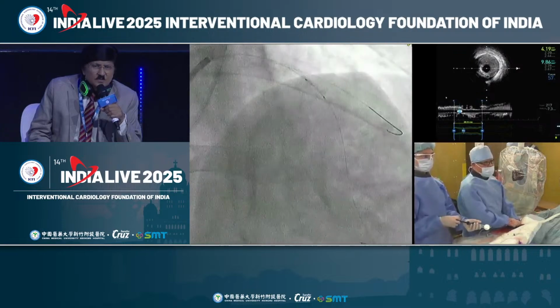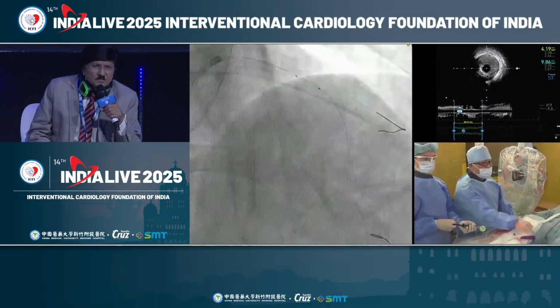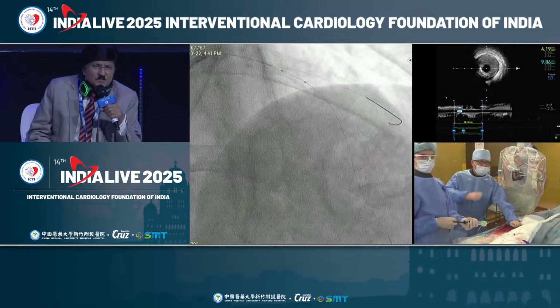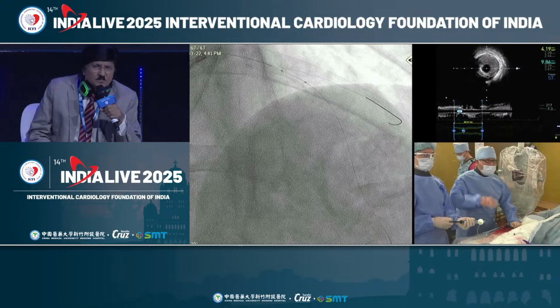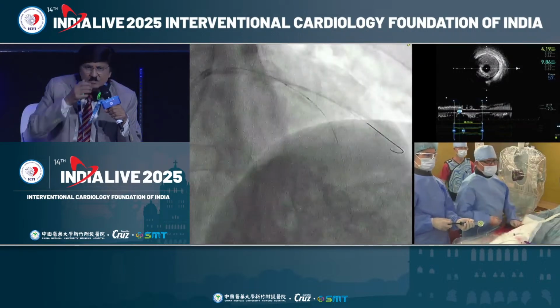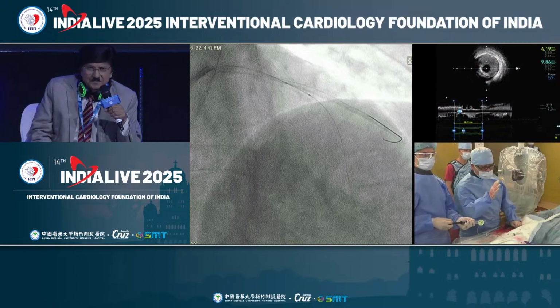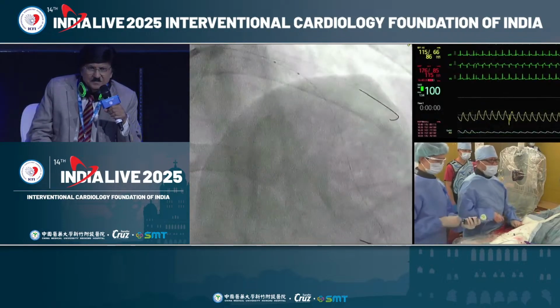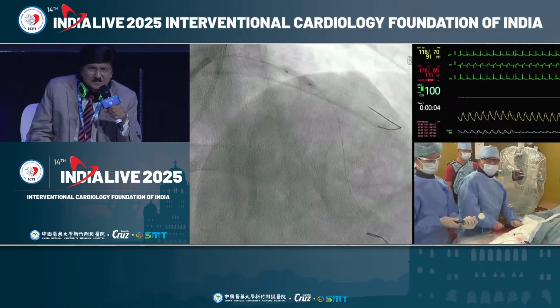Of course, sometimes it is good, but not always, because a conventional balloon has only four mechanisms: compression, redistribution, vessel stretch, and dissection. However, with calcification, nobody can compress and nobody can redistribute. So the balloon mechanism is only dissection and vessel stretch.